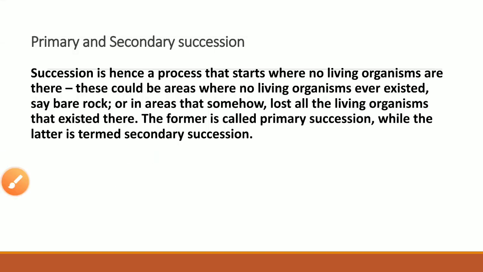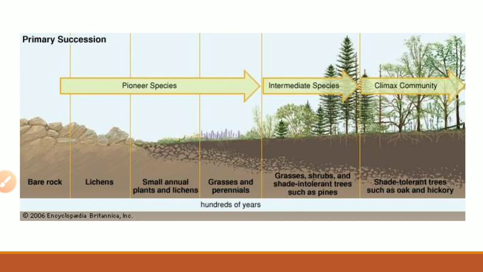There are two kinds of succession: primary succession and secondary succession. Primary succession is simply when pioneer species come on the bare rock, and lichen and algae produce some kind of enzymes that destroy the rock. Slowly the rock crumbles and becomes soil.